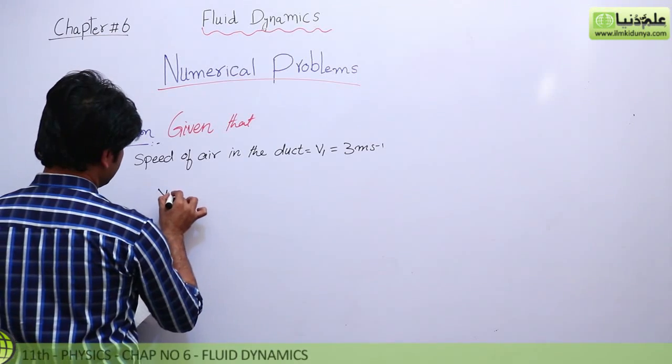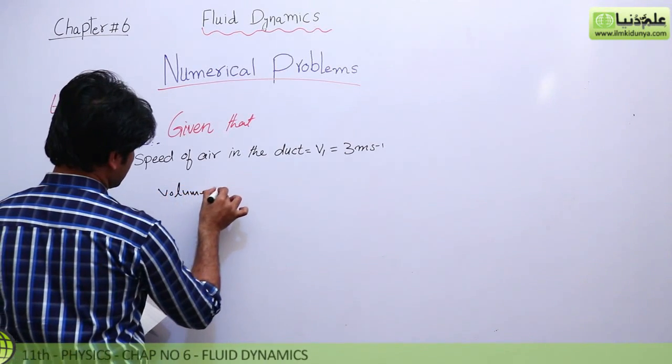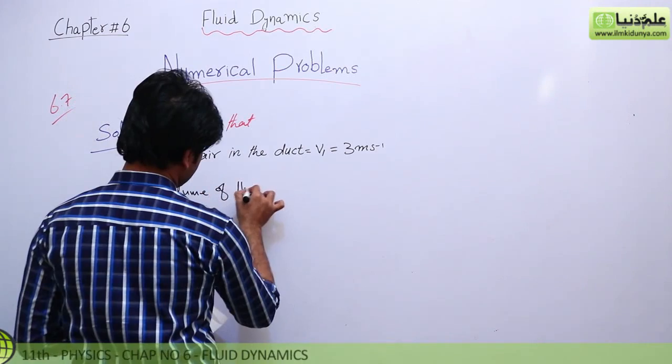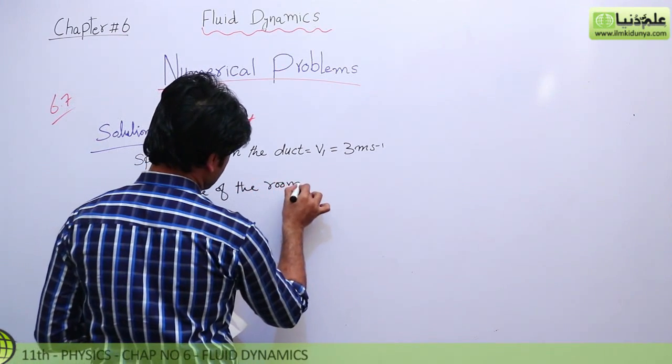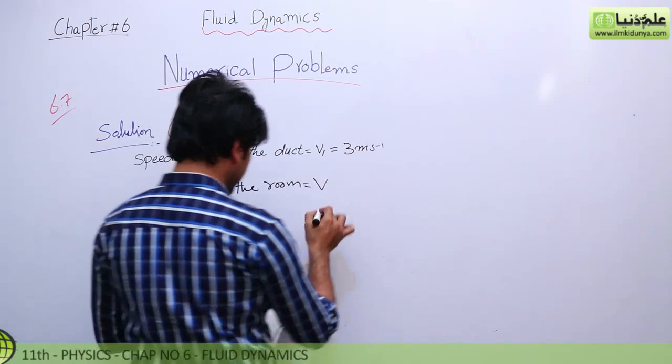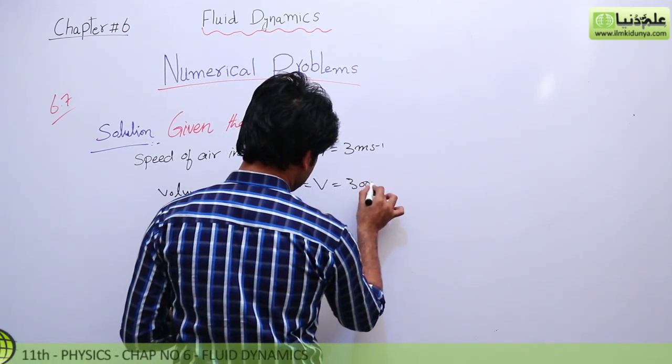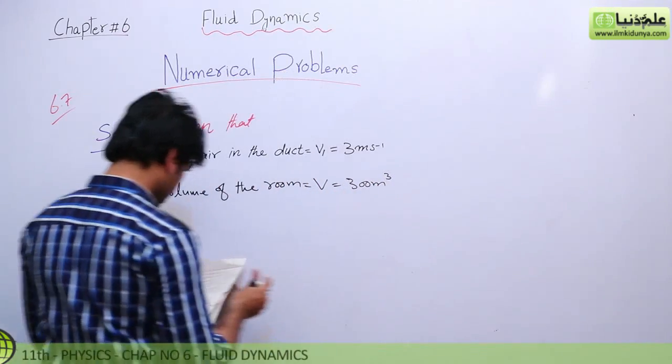Volume of the room can be denoted as V, given as 300 meter cube.